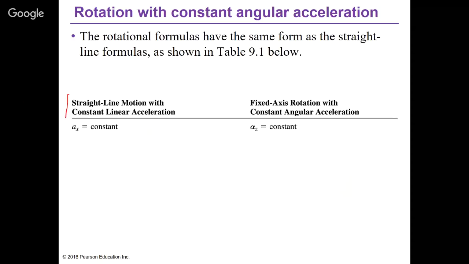Okay. So when we talk about linear motion with constant linear acceleration, we basically have a series of kinematic equations that relate this constant acceleration and t, and also velocity, and also the distance that they travel, right? So remember all that. Basically, we want to know these as well. We want to know as a function of t how omega z changes, right?